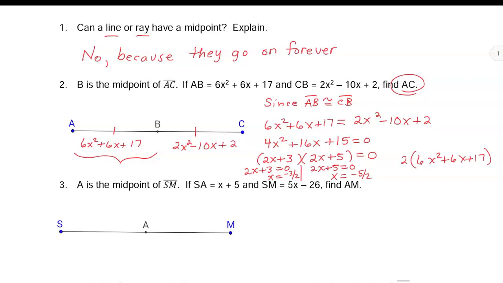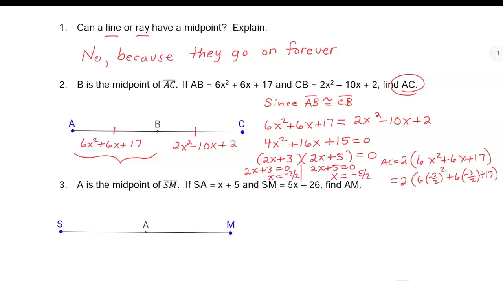I could add both halves together if I wanted to. So AC equals this, and you could set it up those other ways if you prefer. So I'm going to do 6 times negative 3 halves squared plus 6 times negative 3 halves plus 17. Now I forgot to put the squared here, so there it is.